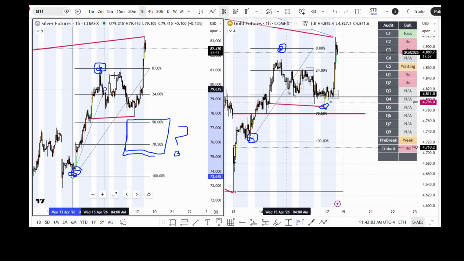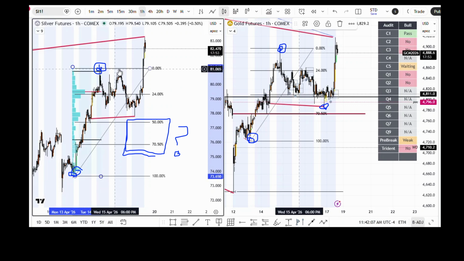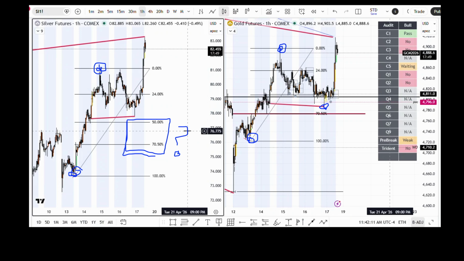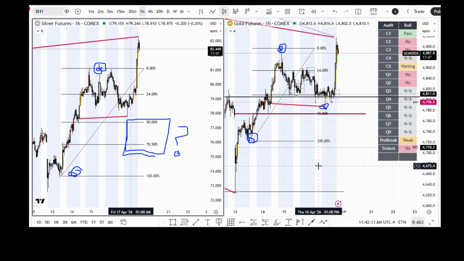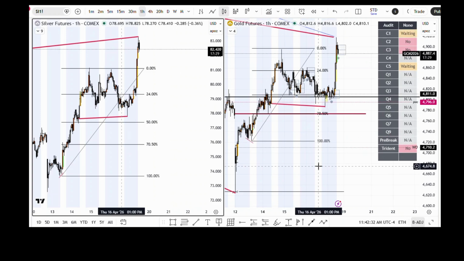Just take the low here, I'll run it to the high here. Okay, that's okay. Right, I can do very basic volume checks. But the problem I have with this is that the security on the left, which is silver, hasn't even reached the 50%. And because of that, I will see this more as an inducement rather than a two-step.